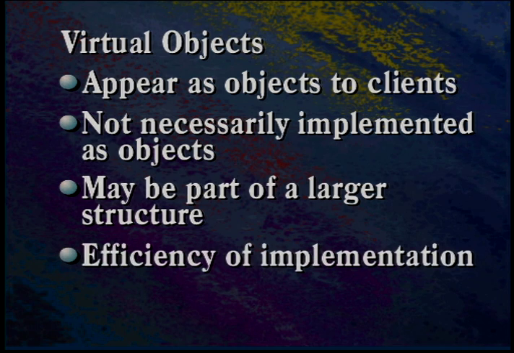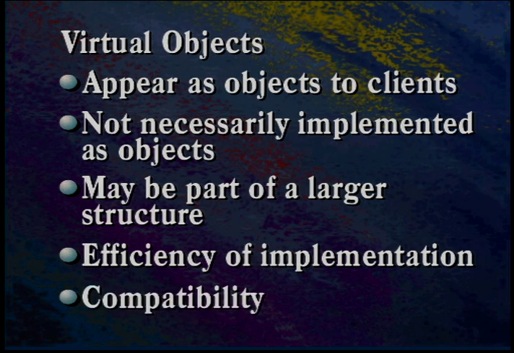It allows efficiency of implementation, so that we can have a cell in a table or a spreadsheet that is being used as an object, but is not implemented as an object. It also allows us to build compatibility with a lot of existing application structures, so that rather than re-engineering our spreadsheets and databases to talk about lots of fine-grained objects, we simply provide the virtual object layer on top of existing implementations.